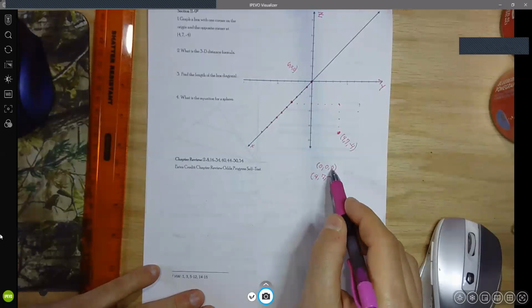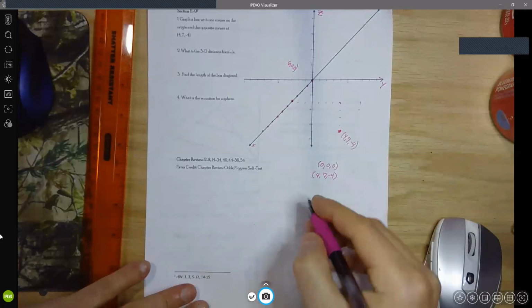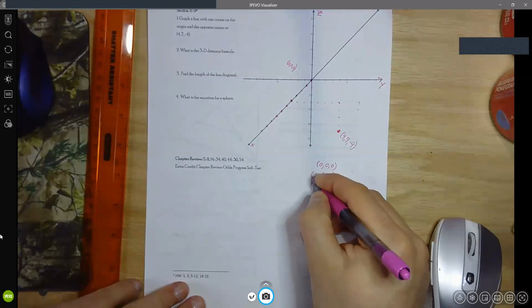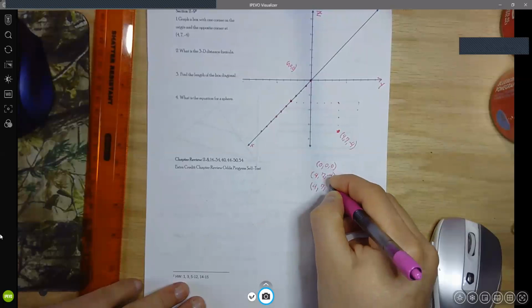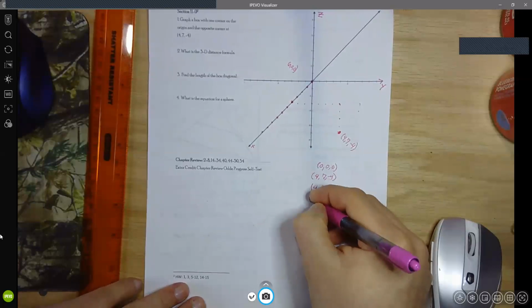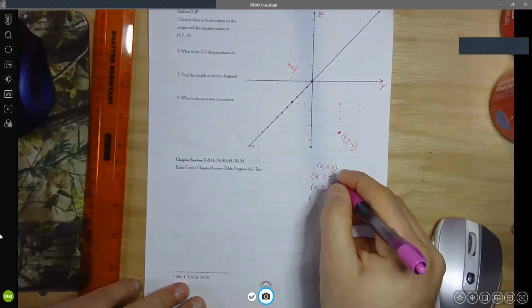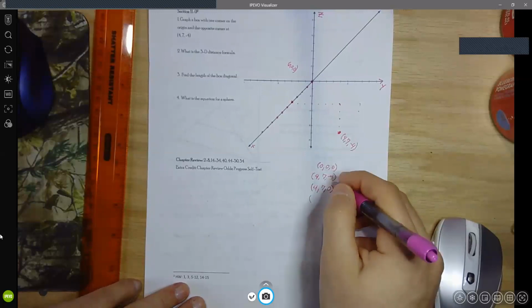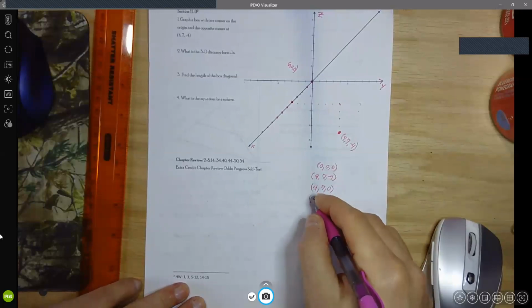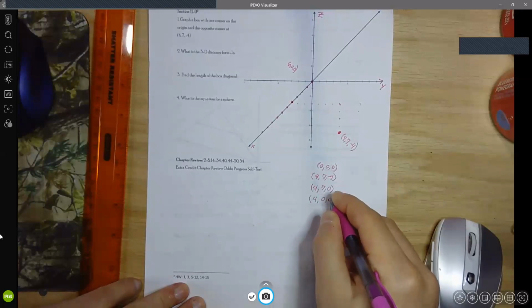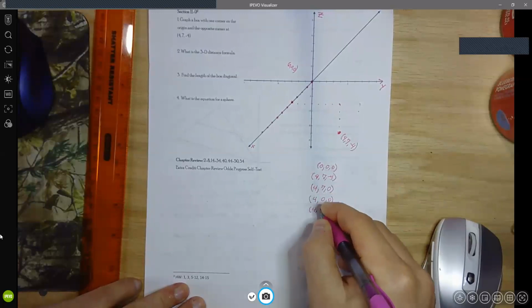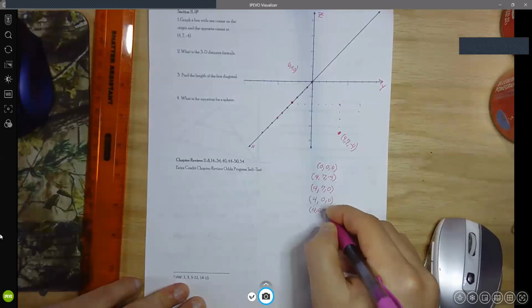And my options for the z coordinate are 0 or -4. And then you just fill out every possibility. So I can have 4, 7, 0, right? Because I had 4, 7, -4. Then I can do 4, 0, 0, and 4, 0, -4.